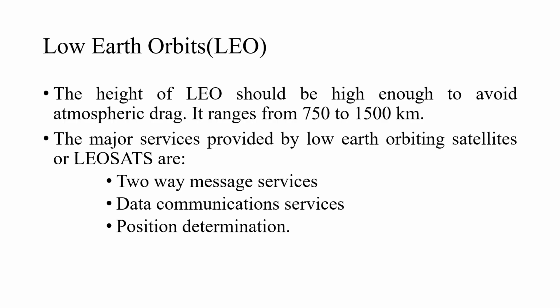The major services provided by satellites in low Earth orbits are two-way message service, data communication service, and position determination; for radar communication, the position of a particular object can be identified.